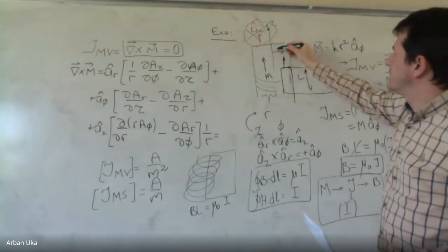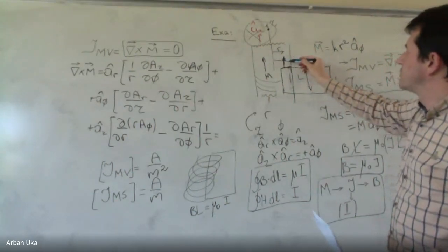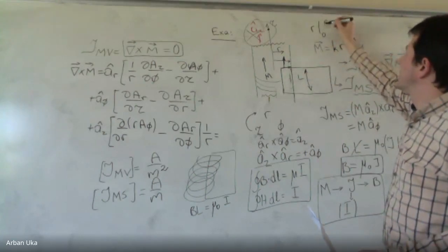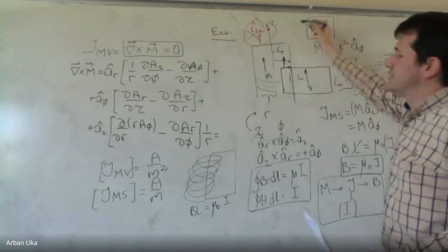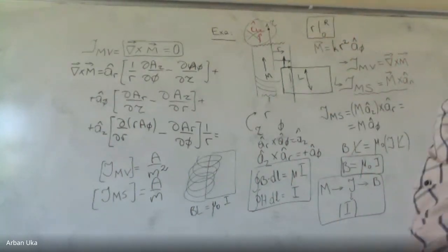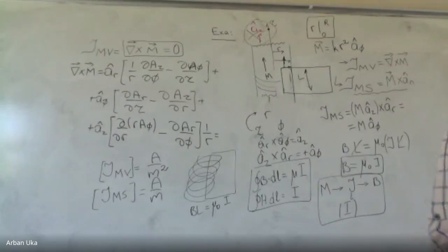Let's assume that r changes from 0 to a capital R, so the maximum radius is capital R.